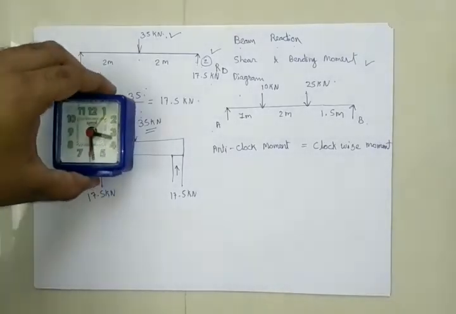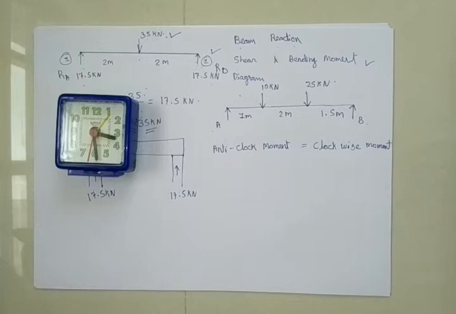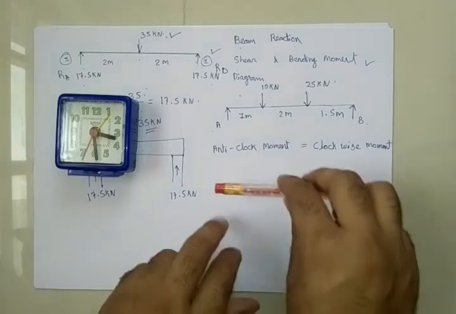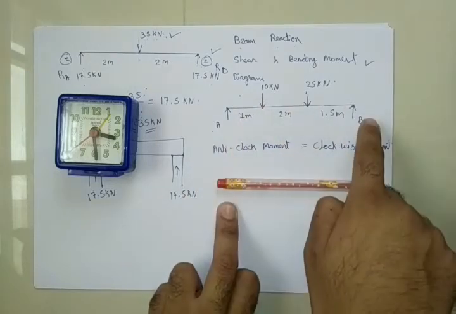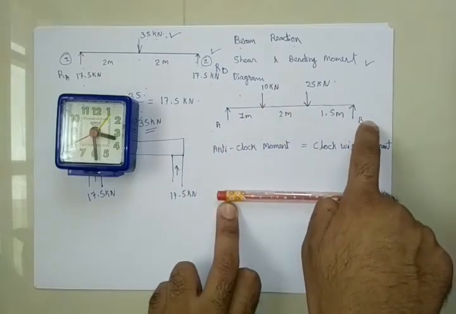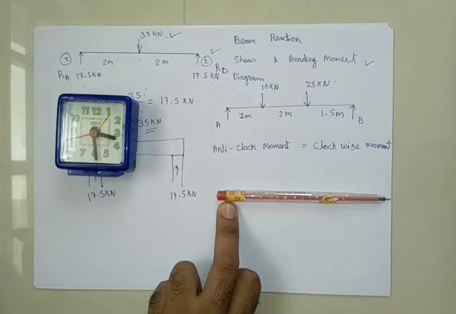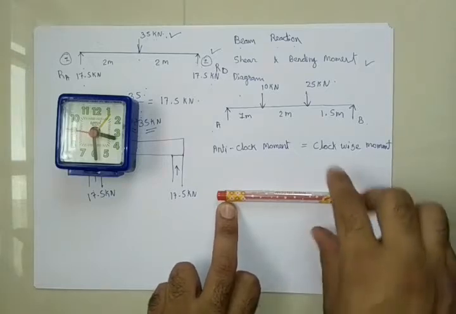For reference, I'm using this clock over here. Now, if I take a reference point at A or at B, then let's see what the effect of the load is and how the moment takes place.